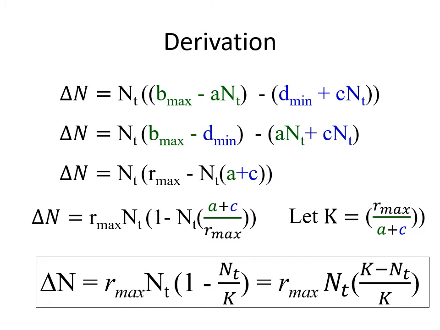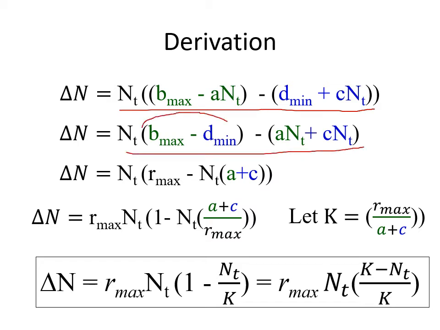Just quickly here, so we started with the equation that we had previously. We just rearranged the terms, and now notice you have this term B max minus B min. Well, that's just R max because you have your maximum birth, minimum death rate, and now you have this term A times N sub T plus C times N sub T.